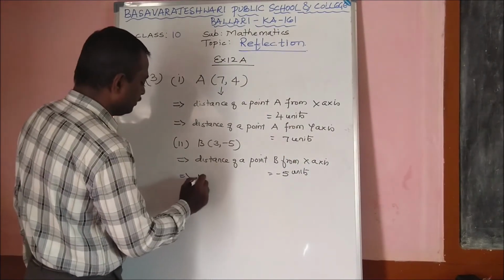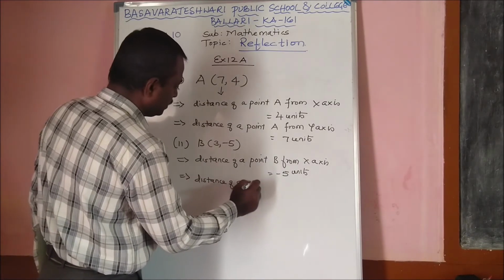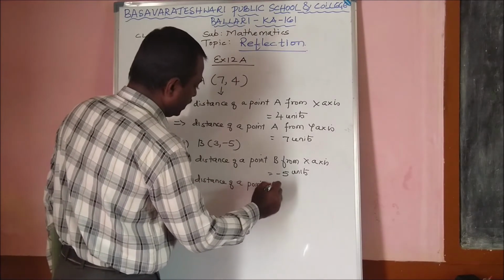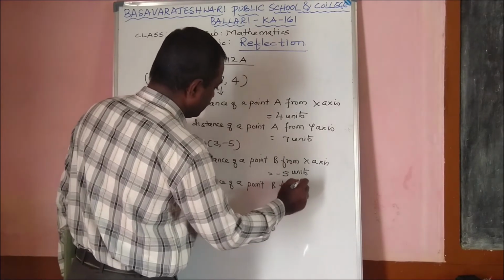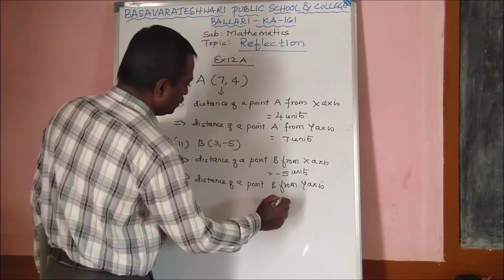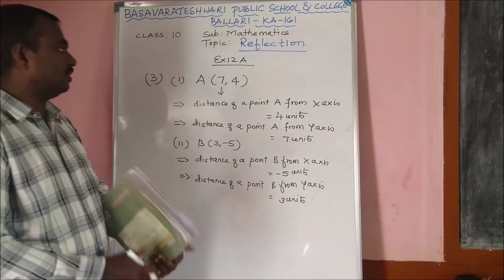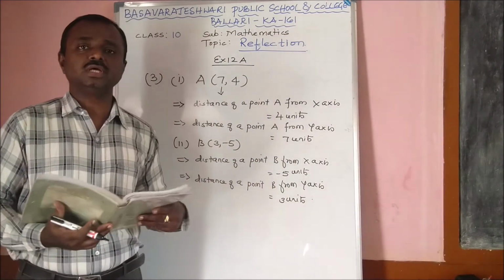Distance of point B from the y-axis is equal to 3 units. So like that you solve the third and fourth main.